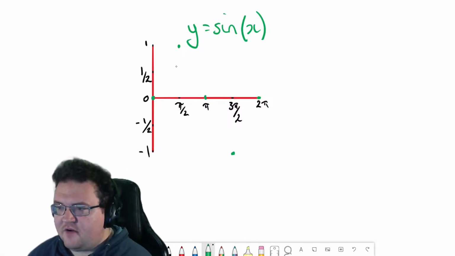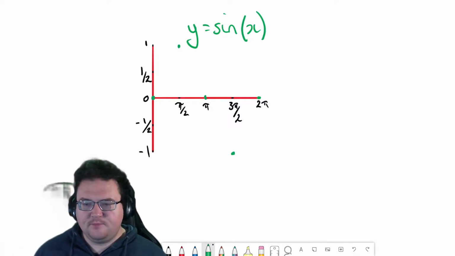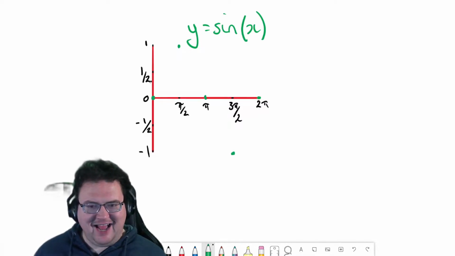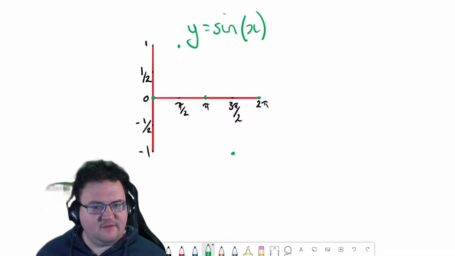So now, to very carefully sketch that out. To help me sketch this out, we know there is an exact value of x that results in y being a half. Which one is it? To help me plot my graph, what value of x results in y equal to a half?